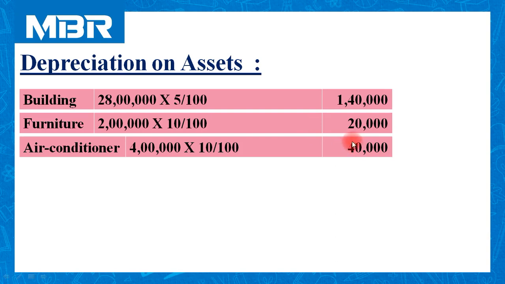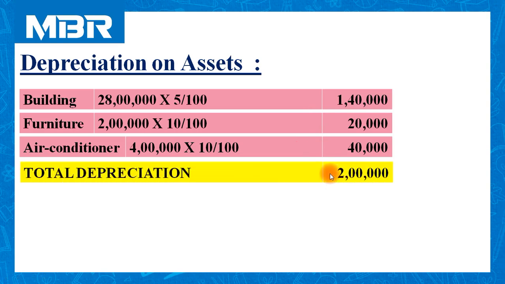So the amount of depreciation on air conditioner is rupees 40,000. Depreciation on building 1,40,000, on furniture 20,000 and on air conditioner 40,000. So total amount of depreciation for this hotel is rupees 2 lakhs. I hope all of you are clear with the calculation of these 2 lakhs.